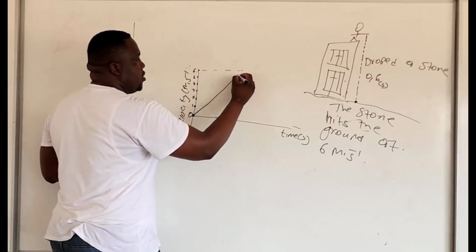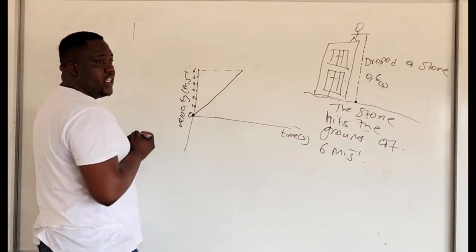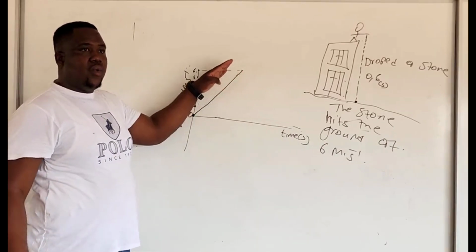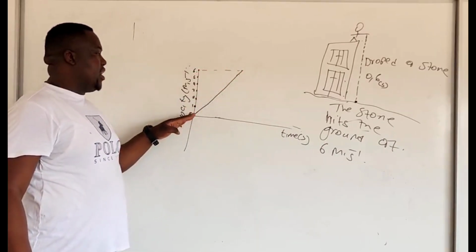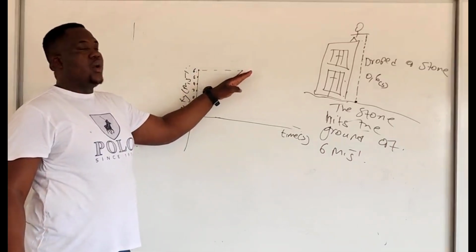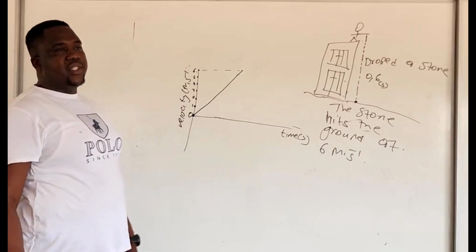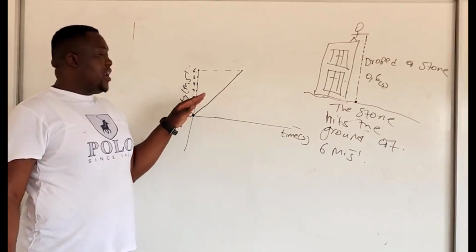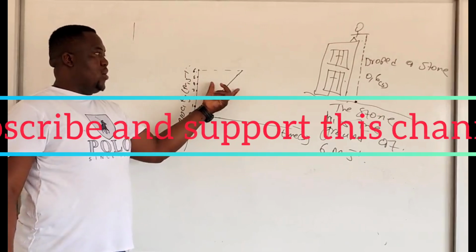So notice that I'm drawing a line which is moving like that. Why is my line moving like that? The line is moving like that because I took down as positive. That's why I'm drawing downwards here.